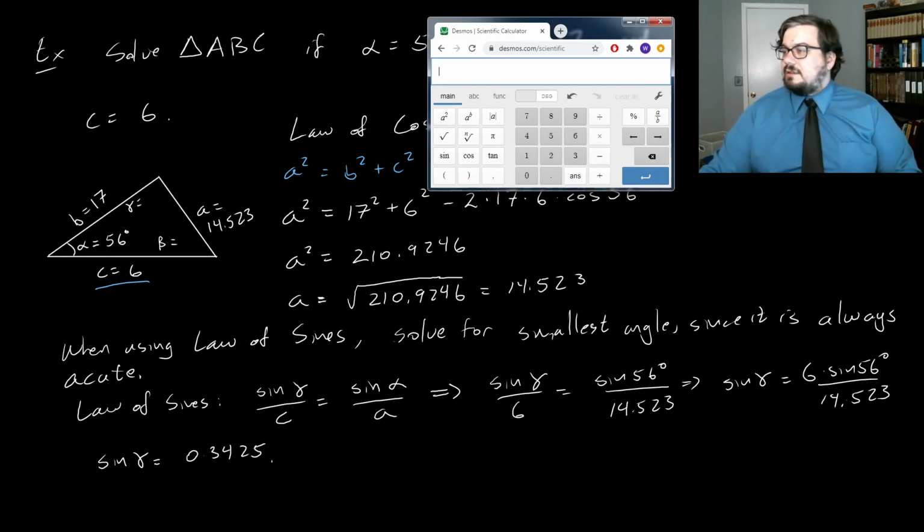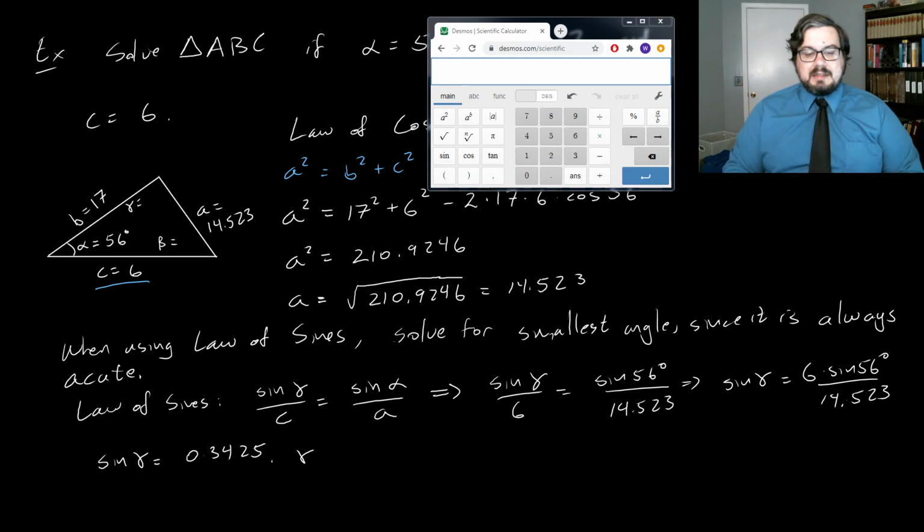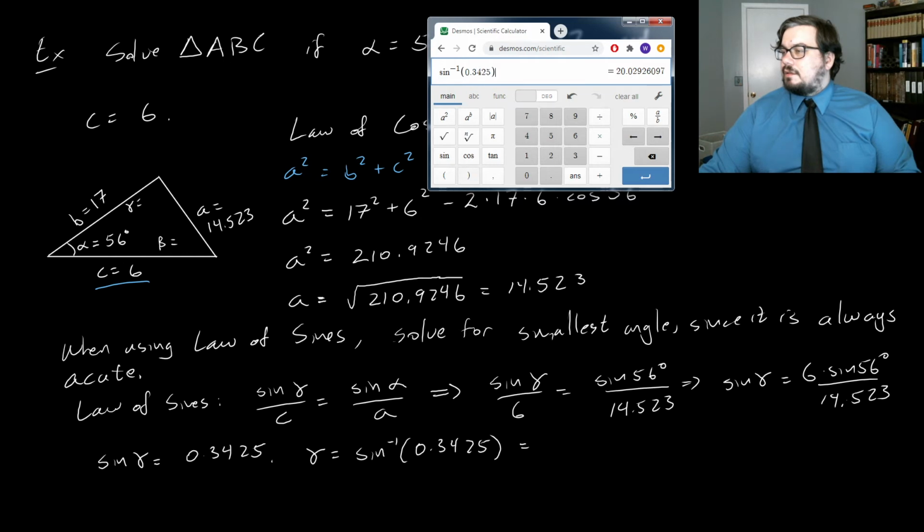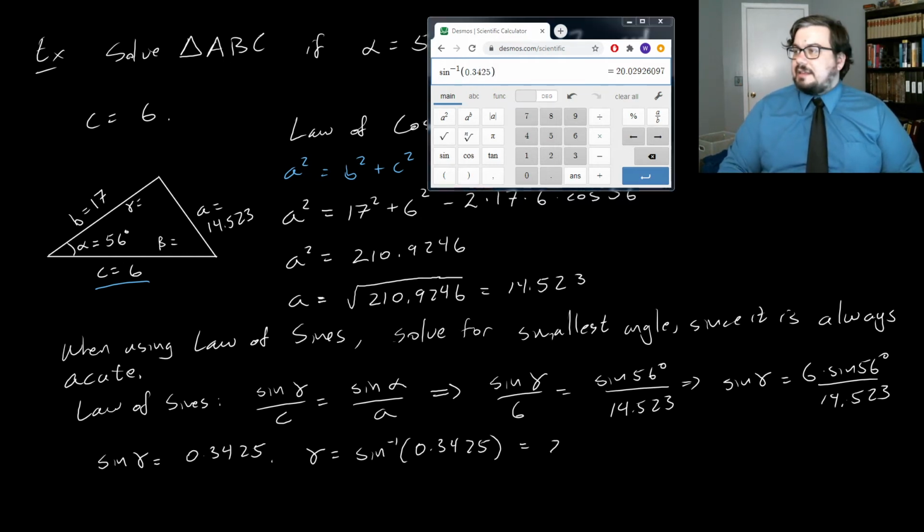So from here, to figure out what gamma is, we'll have that gamma is equal to the inverse sine of 0.3425. And therefore, we get that gamma is 20.03 degrees.